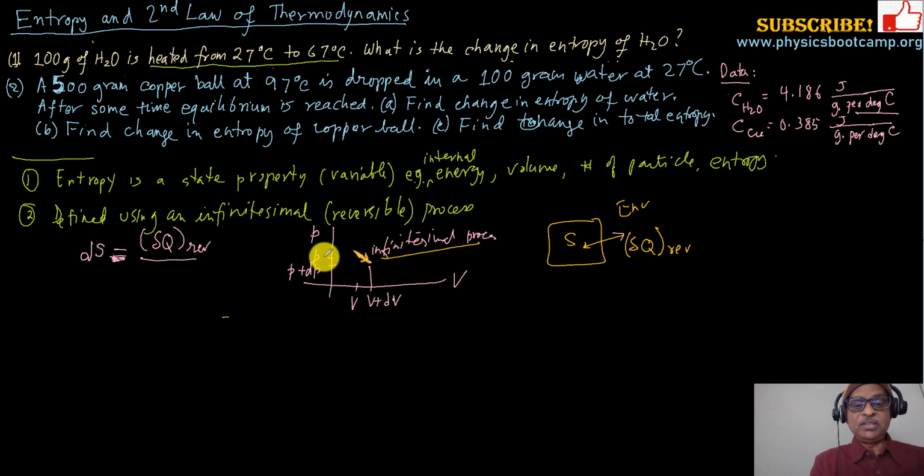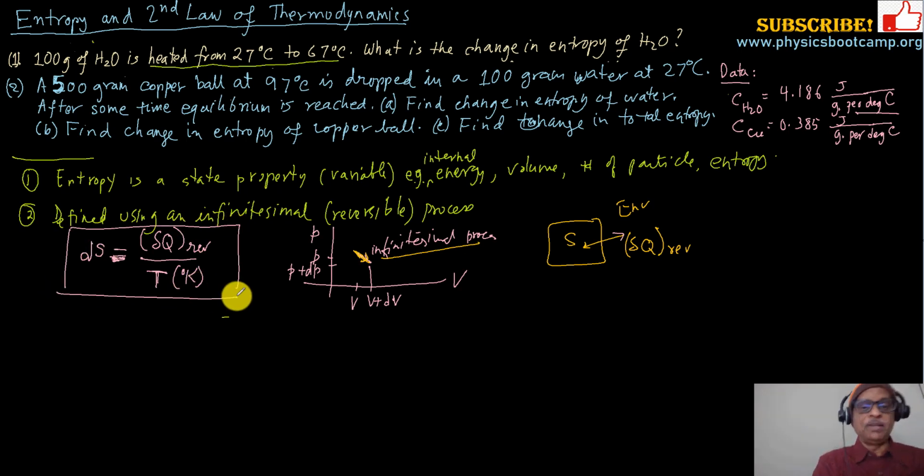If this is an ideal gas, you can attach a temperature to PV, and this temperature is in degrees Kelvin. This is the definition, and if the process is not reversible, then I can't define it. Okay, that's the definition we're going to use.